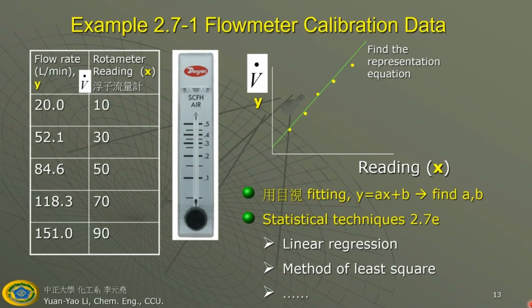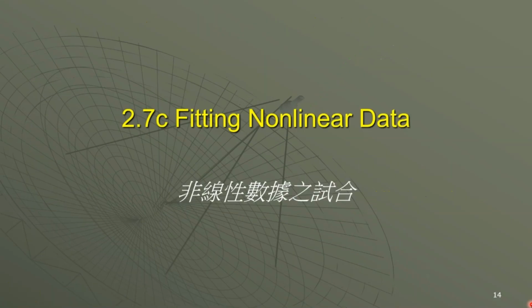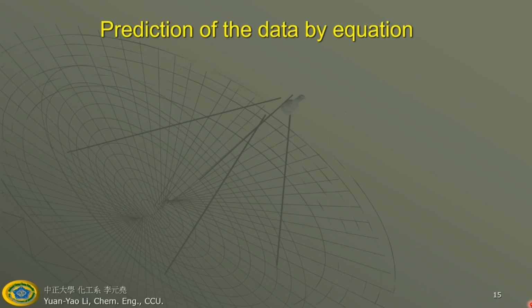Right. So this next section tells you that if this is not linear, this is non-linear, how can you fit the data? Of course, for linear, you can find linear regression, or you can find the equation y equal to ax plus b, right? So what can you do with that? Prediction of the data by equation.